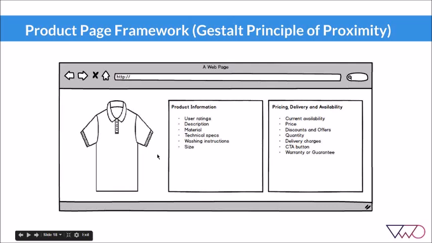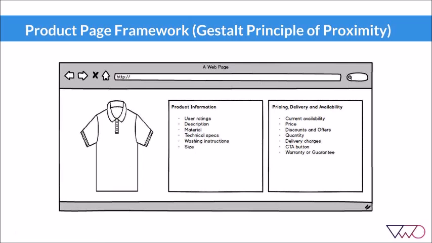So for example, the first part of the product page is about the product itself, what it looks like. The center of the page is about product information, that is user ratings, description, material, technical specifications, washing instructions and size. And the final part of the page is about pricing, delivery and availability.